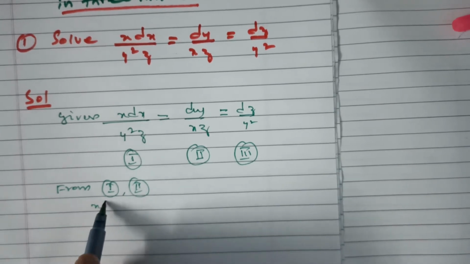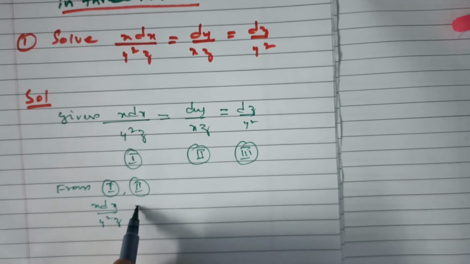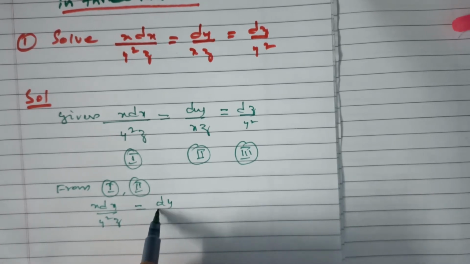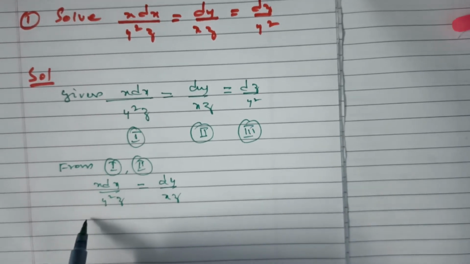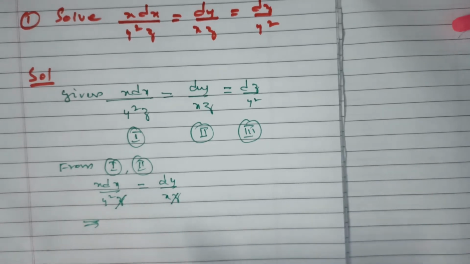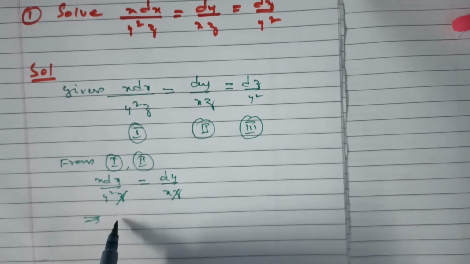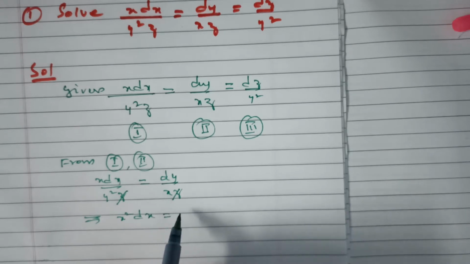x dx by y square z is equal to dy by xz implies z is cancelled on both sides, implies take cross multiplication x square dx is equal to y square dy.